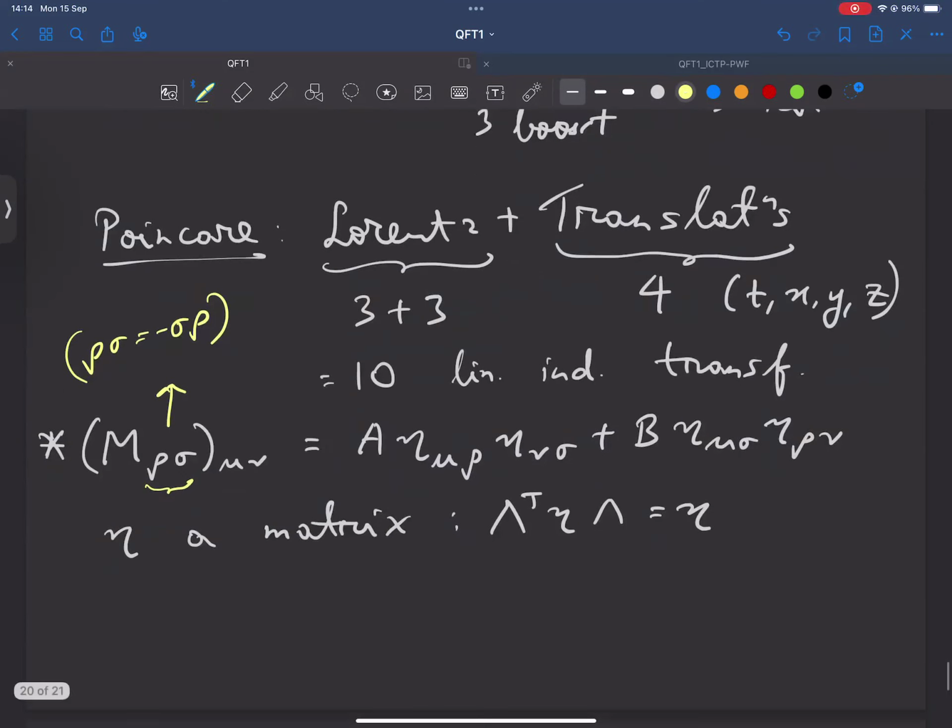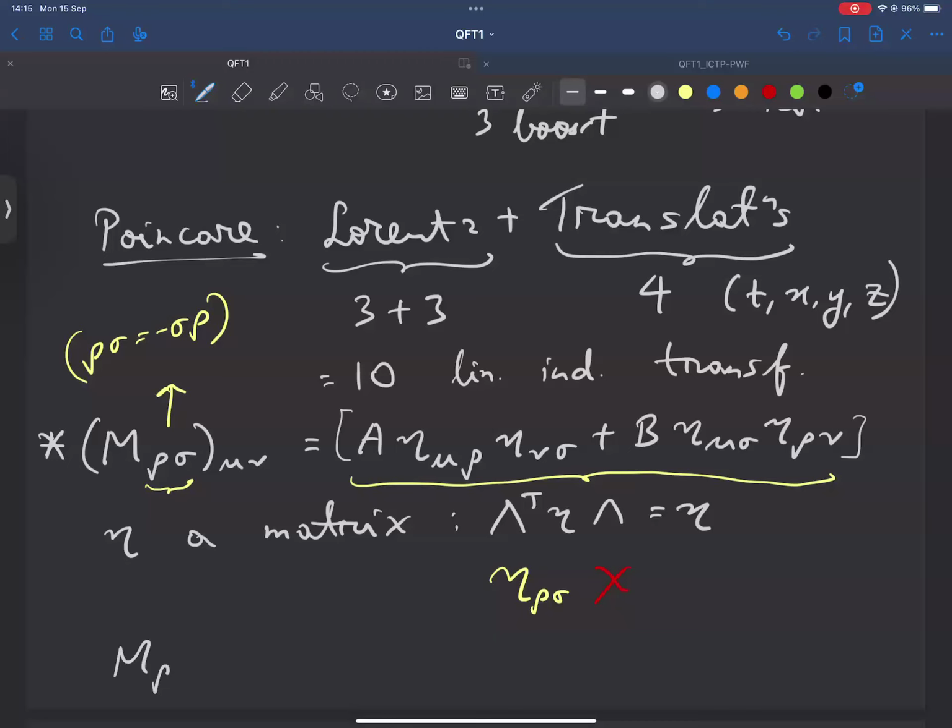So it means that on the right hand side here, you cannot have rho and sigma with eta. This is not possible because eta is a symmetric matrix, as you know, it's the Minkowski metric tensor. So that rules out this possibility. So then you can write a general ansatz in this way with A and B different.